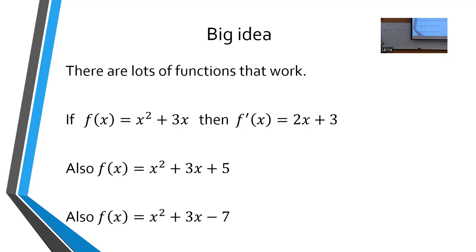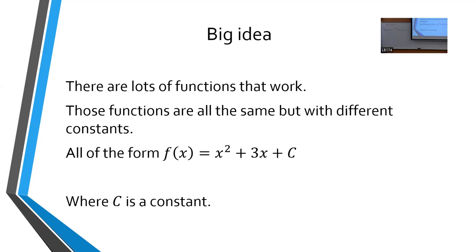And x squared plus 3x minus 7 also gives the same derivative. All right. So yes, there are lots of functions that work, but they're all different by just a constant. So we usually add on variable c as our constant.